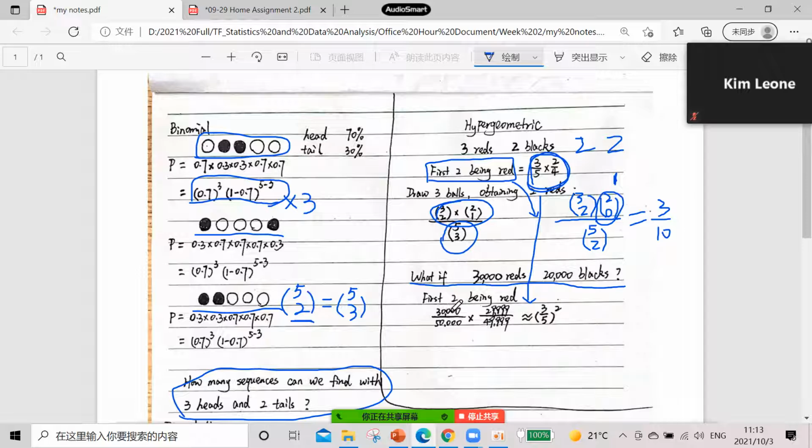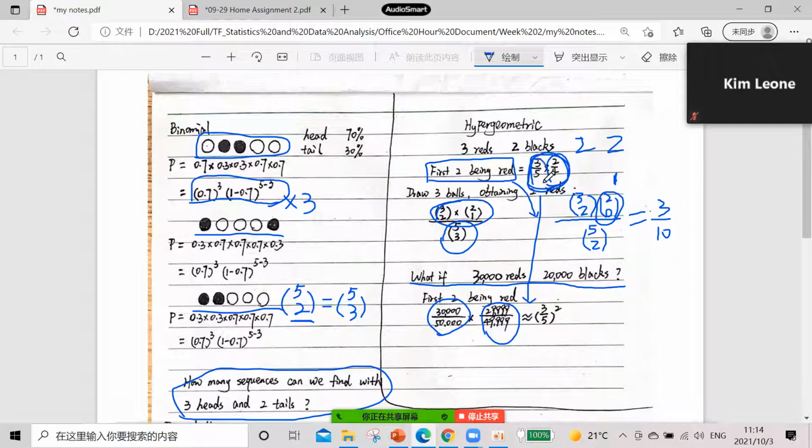I use 30,000 divided by 50,000 times, then after the first draw, I only have 49,999 balls in total, and among them only 29,999 balls being red. So for the second drawing, the probability of getting a red ball is simply here. This is comparable to the 2 over 4. Those two are comparable, and these two are comparable.